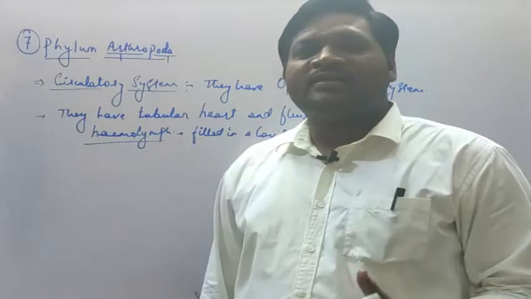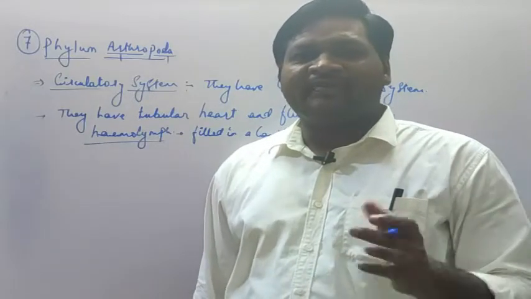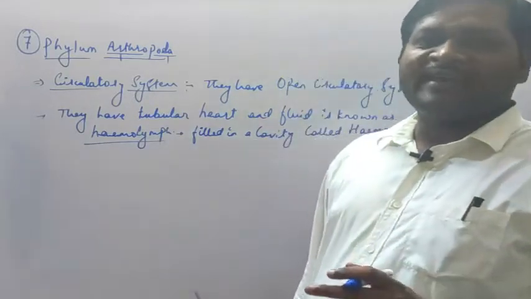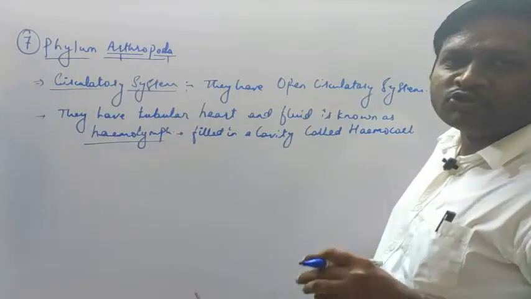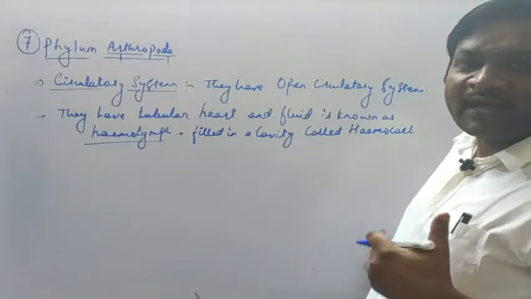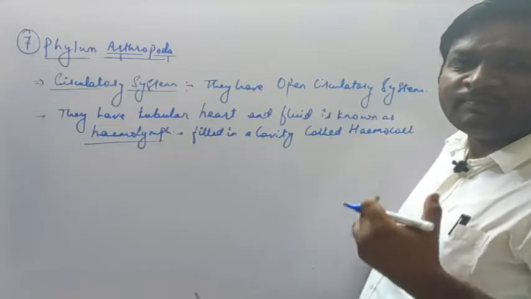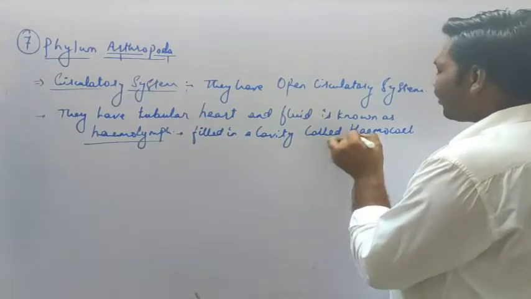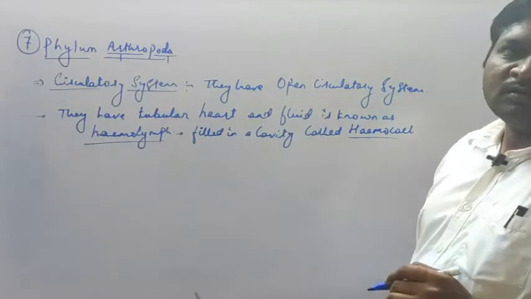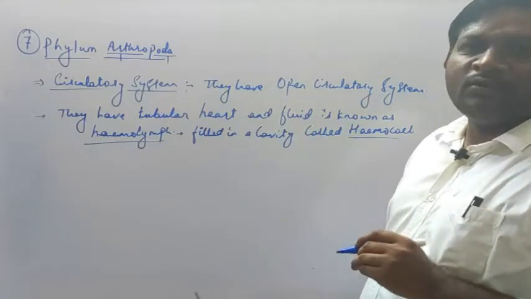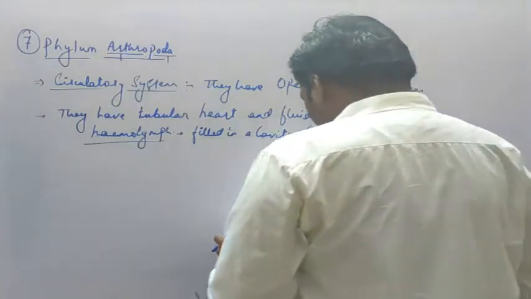When we were discussing the body cavity, I discussed the type of modification, that is hemocoel or hemocoelomates. The organisms whose cavities are filled with blood itself are called hemocoelomates, and these arthropods are also referred to as hemocoelomates.